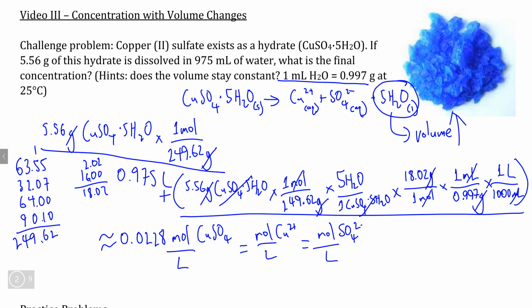So in summary of everything, to make sense of all of these calculations, we start by writing the equation of our solute to see how it's going to dissociate, and recognize that we're going to add a small volume of water, which is going to change what the final solution volume is.